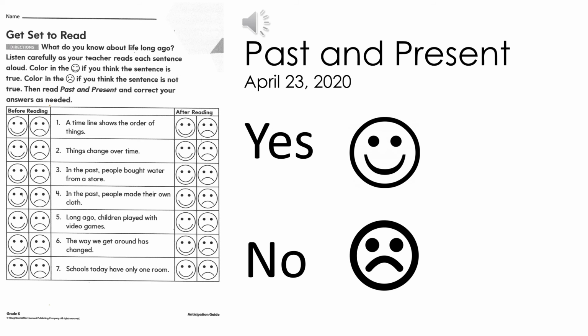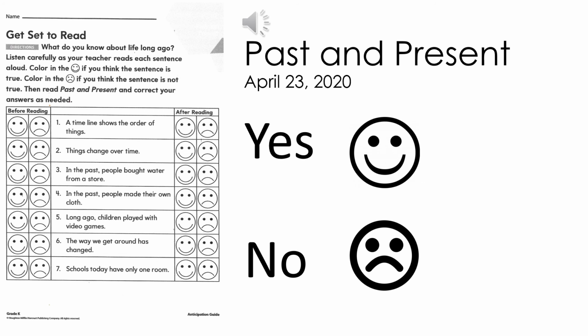Number 6, the way we get around has changed. All right, the way we get around, that means the transportation. How do we get from place to place? By cars, buses. Do you think the transportation, the way we get around, has changed over the years? Yes, happy face.